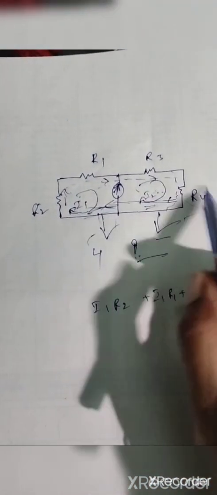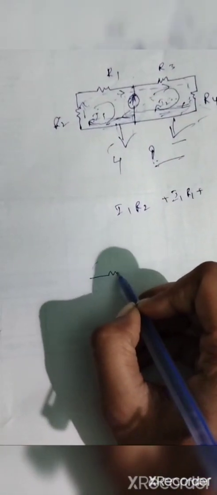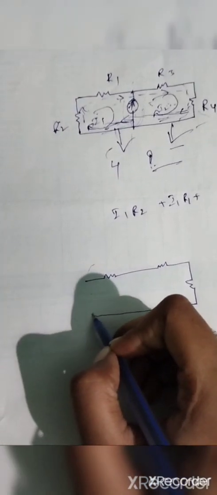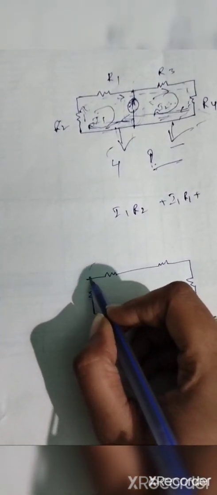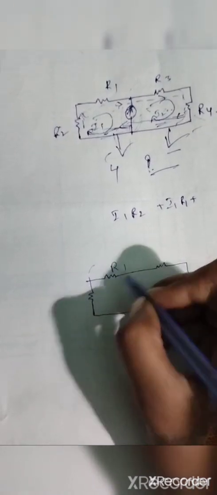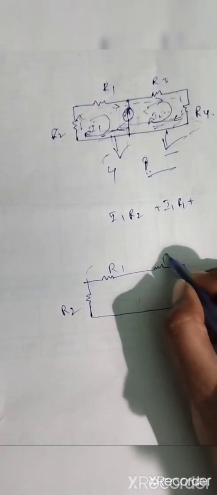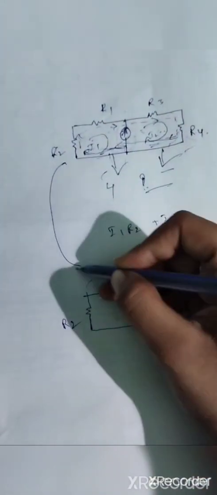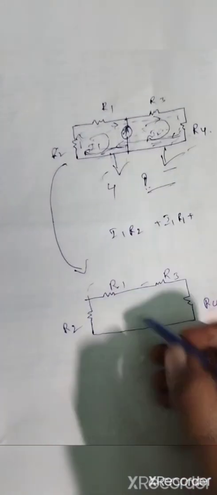Next, we need to eliminate the current source, so the circuit becomes R1, R2, R3, R4 without a current source. This circuit will become like this.